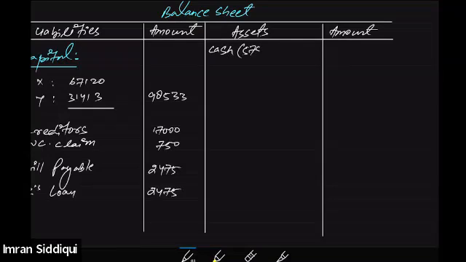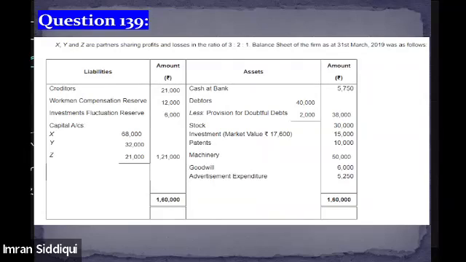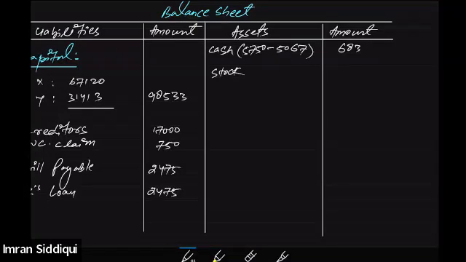Out of 5750 we made the payment of 5067 and remaining available is 683. Then we had the stock in the balance sheet as well, which remains unchanged. Value of the stock was 30,000. There was no adjustment regarding the stock, so the stock will be reflected at the same value, 30,000.